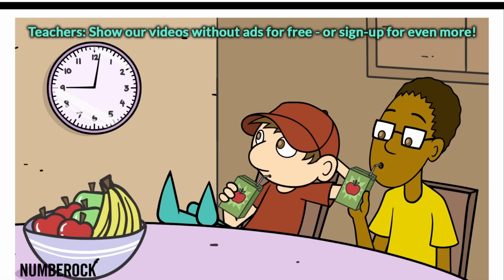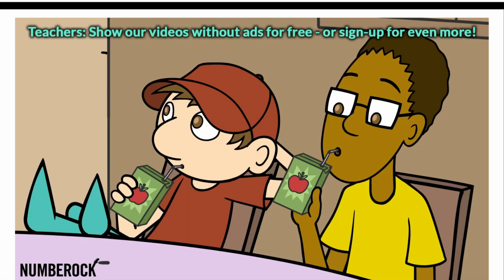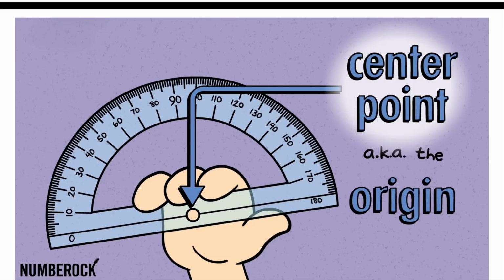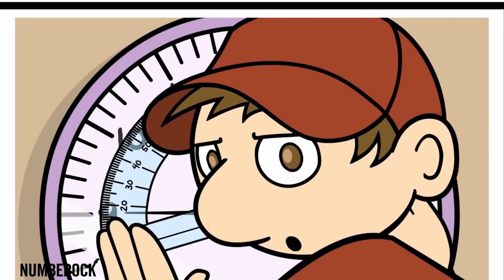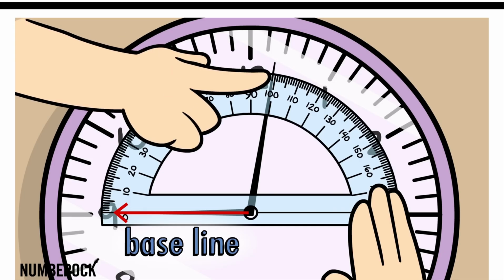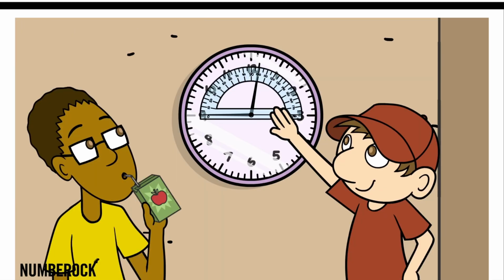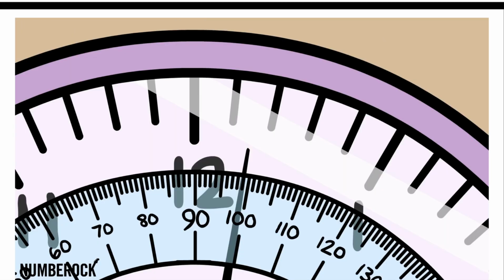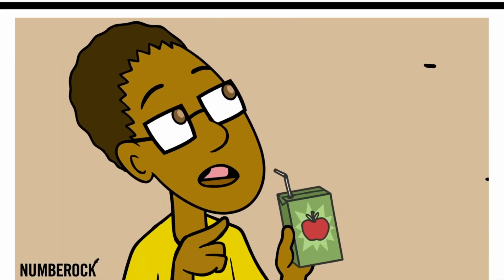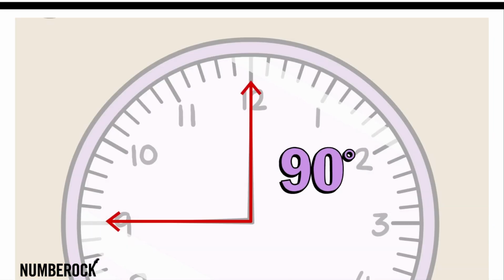I saw an angle on the block while I was sipping my juice, and I said to my friend, man, that thing looks obtuse. I found the center point, aka the origin, line it up with the vertex like a reflex. I aligned one ray on the baseline and measured at the other ray's tick line. The measure of the angle we both could see was exactly 99 degrees, clear as could be. And then my friend said, yo, that's obtuse all right. 9 degrees less than that thing would have been right.